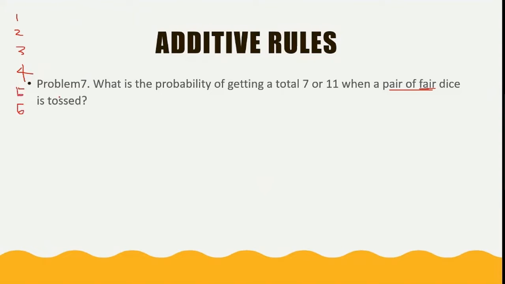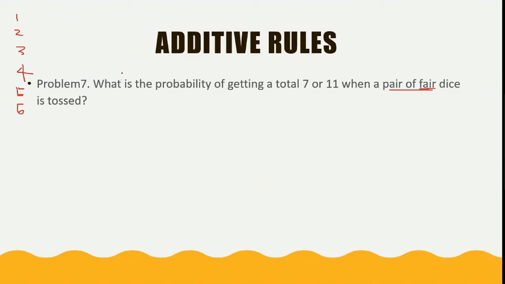However, since we have two dice, and based on our previous discussion in counting sample points, how many possible outcomes can we get from tossing a pair of dice? That is 6 times 6, which is 36. So for this problem, there are 36 possible outcomes.